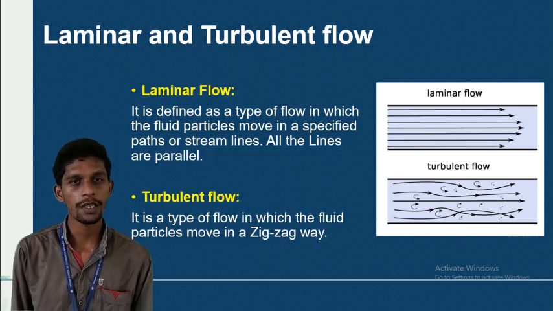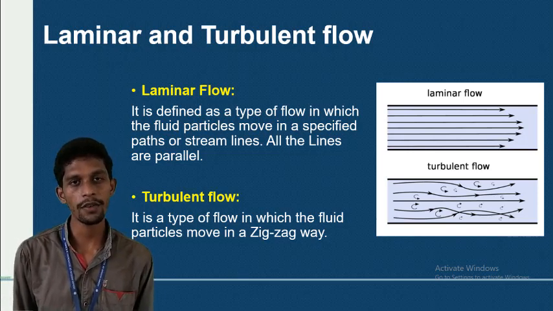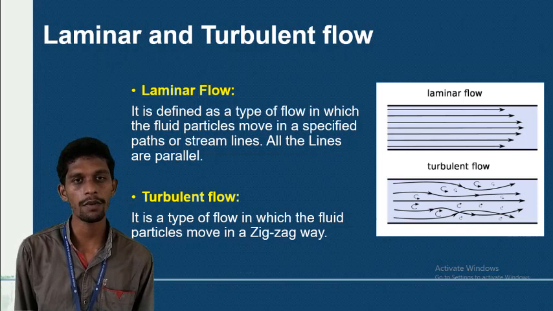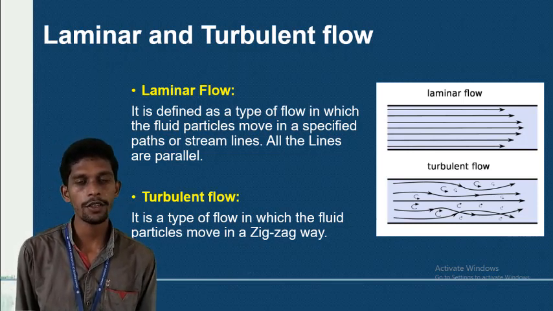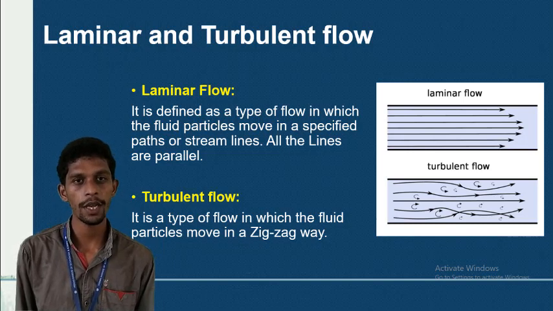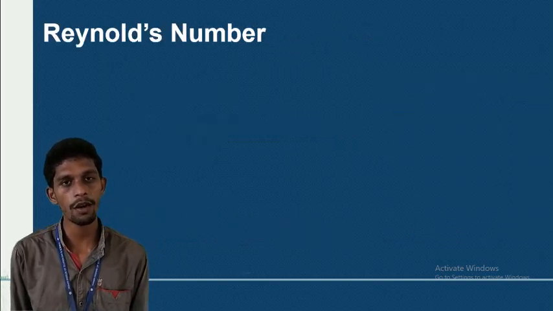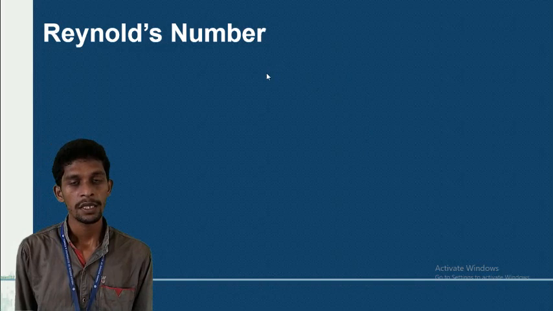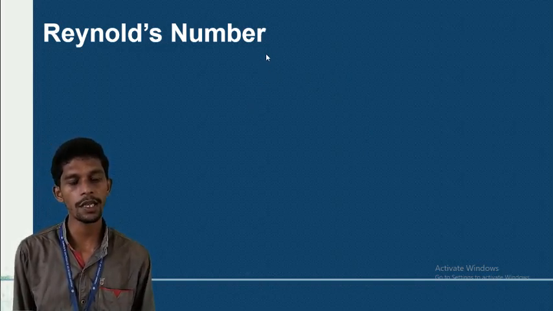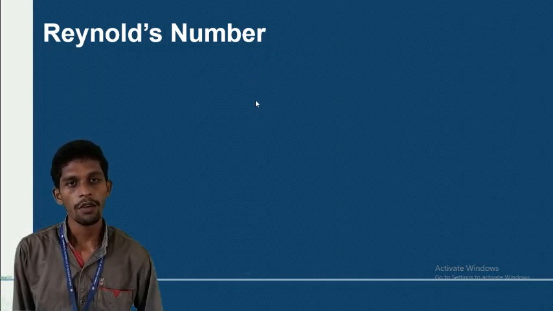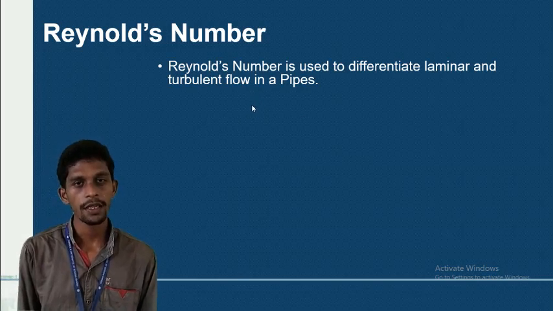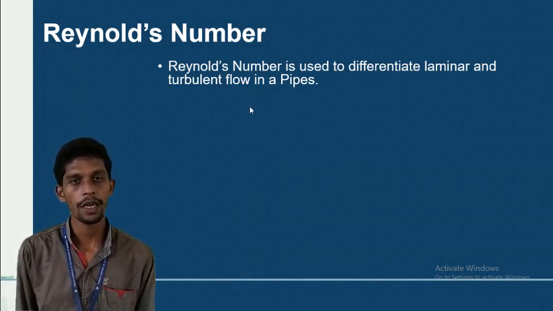To differentiate streamline flow and turbulent flow, we have a specified formula. The formula was introduced by Mr. Reynolds. Based upon his name, that number is called the Reynolds number. The Reynolds number gives you the idea to differentiate which one is laminar flow and which one is turbulent flow.